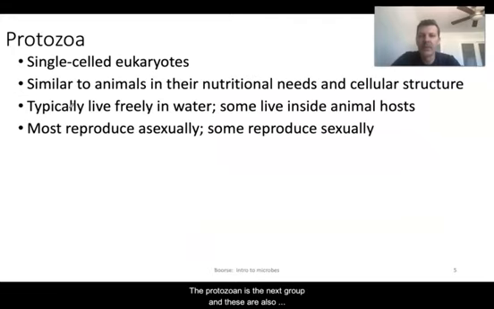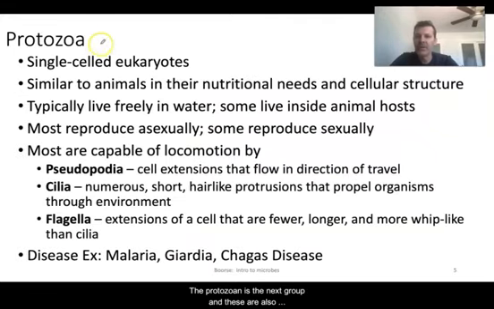Protozoan is the next group, and these are also eukaryotic organisms. In this word, proto is a prefix for early, and zoa is related to zoo or animals. So these are similar to animals, but they're a little bit different. They're like early, kind of prehistoric, if you want to call them that, but they still obviously are surviving. These are single cell, so unicellular, and they are similar to animals, but they're a different group.